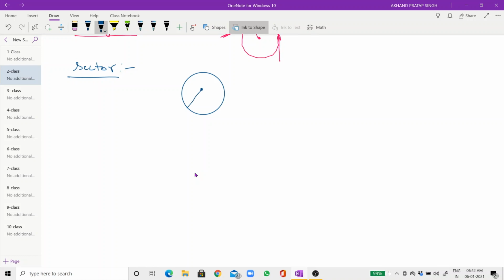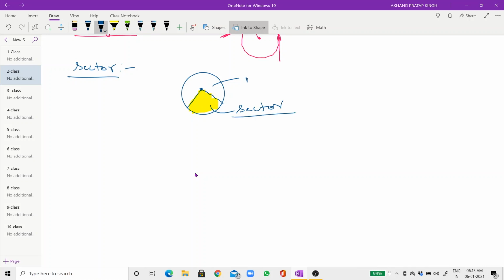We draw this figure like this. This whole portion is a sector: area of the sector, minor sector, major sector. So this is a minor sector and this is a major sector. This is also called a sector.